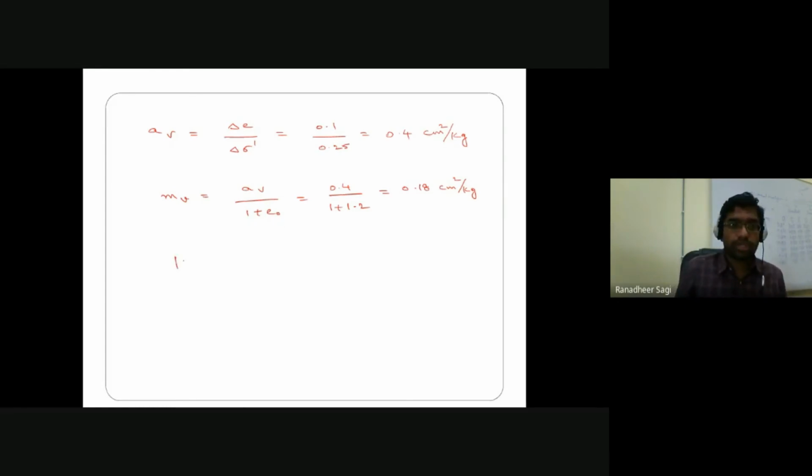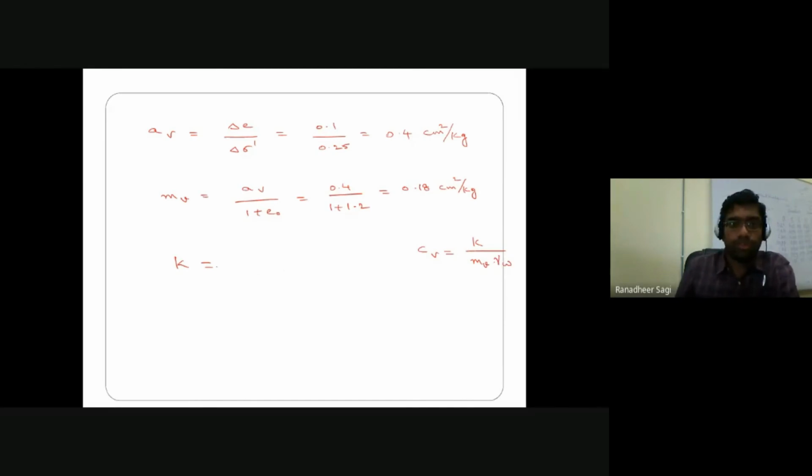And next you are asked to calculate the coefficient of permeability of the soil. Coefficient of permeability, from where do I get it? If you can recall, we had the expression for CV while talking about the coefficient of consolidation from one-dimensional consolidation theory. We said CV is K divided by MV into gamma W, if I am correct.